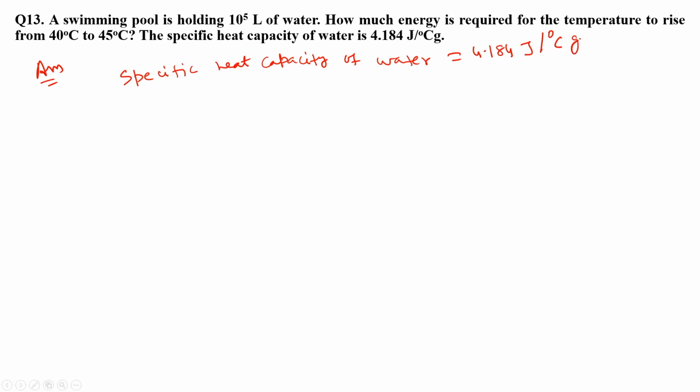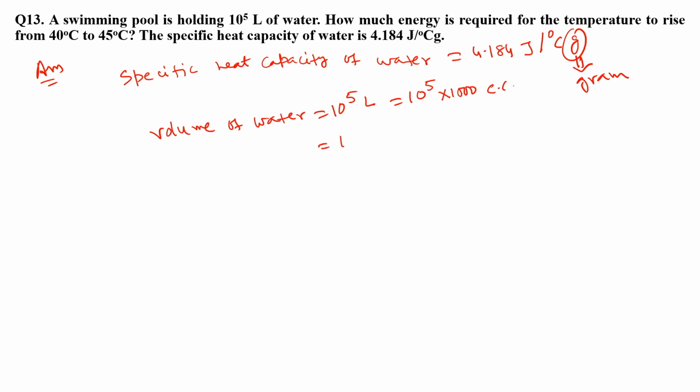This is given in gram, and the volume of water is given in liter. So, if we convert, the volume of water is 10 to the 5 liter, and a liter is 1000 cc.